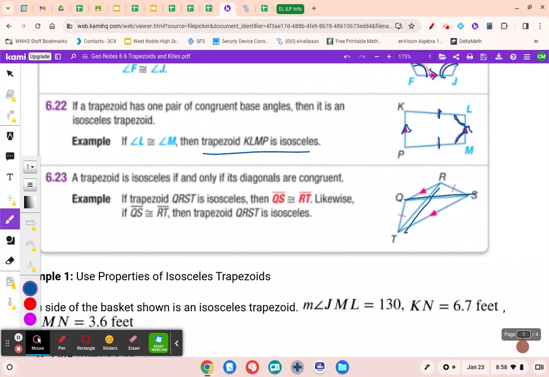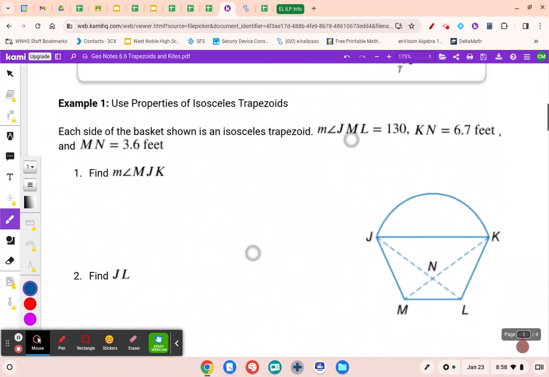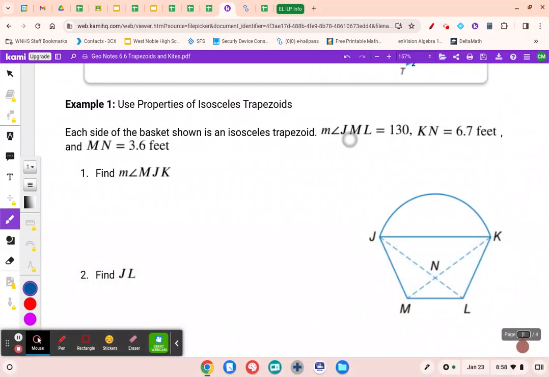So let's do some solving. We have example 1. We're going to use properties of isosceles trapezoids. Each side of the basket shown is an isosceles trapezoid.